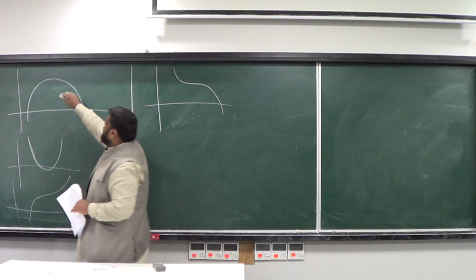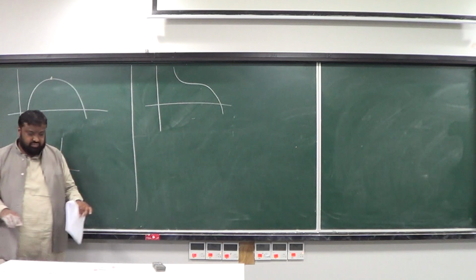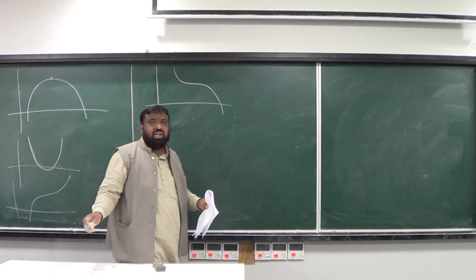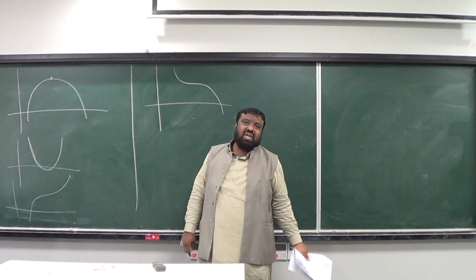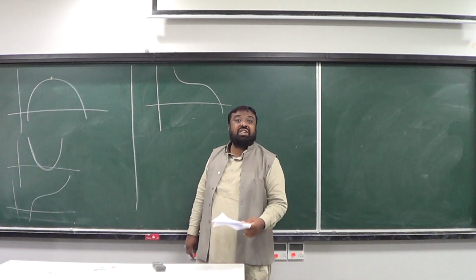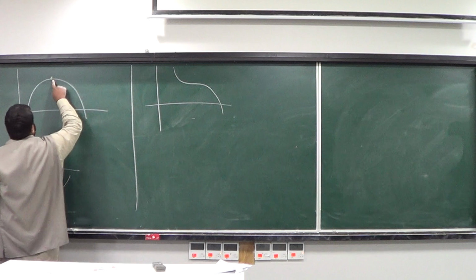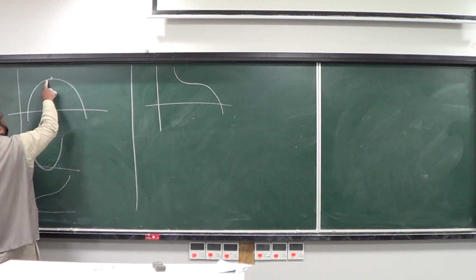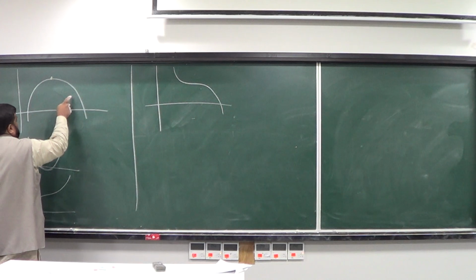Now tell me, if this is the critical point, or the maximum value of the function, what is happening before the maximum value and after the maximum value to the derivative or the curve? Before the maximum point the function is increasing, and after the maximum point the function is decreasing.